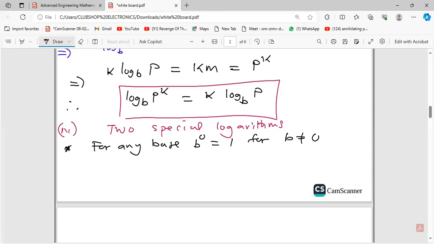So, this is an exponential form. If we apply the logs both sides, we're going to have log, our base is b, of 1. This is equal to 0. So, for example, log base 3 of 1, I say the answer is 0. Log base b of 1, the answer is 0. So, this we must remember as well.